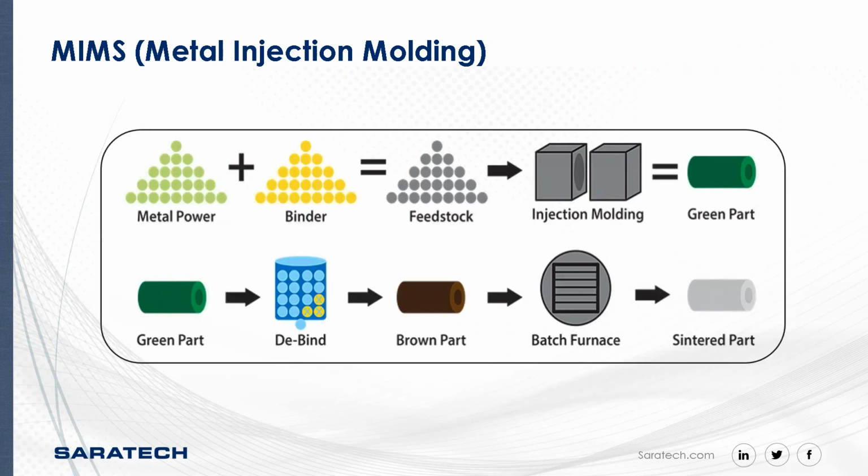Then we have metal injection molding, also an industry standard. It's the most common manufacturing technology for large-scale production of plastic parts, which led to metal parts. By mixing metal powder with a binder, the advantages of the technology can also be utilized for metal components. You can see the process here as it moves along to produce a sintered part, which still may or may not need to be machined.